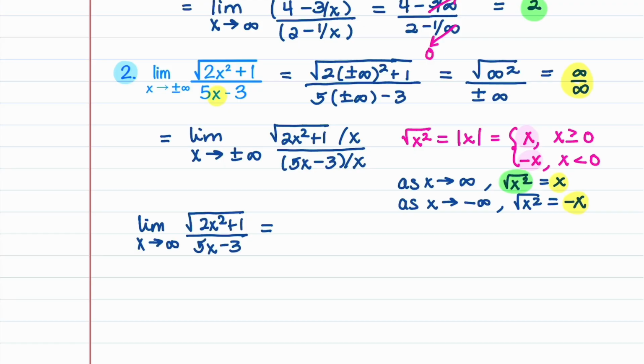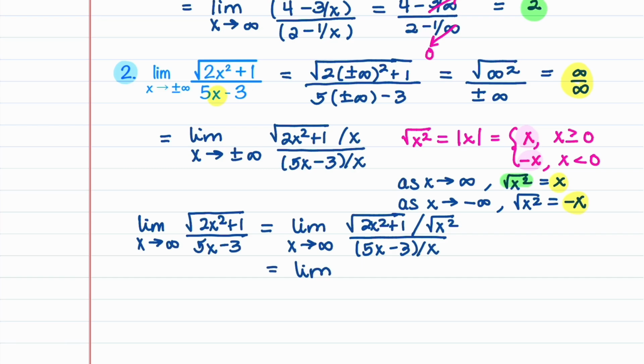Now we're going to divide the top and bottom by x. So this is the limit as x goes to infinity, square root 2x squared plus 1. Here, we're going to divide by the square root of x squared because x is going to infinity. And then on the bottom, we're just going to divide by x.